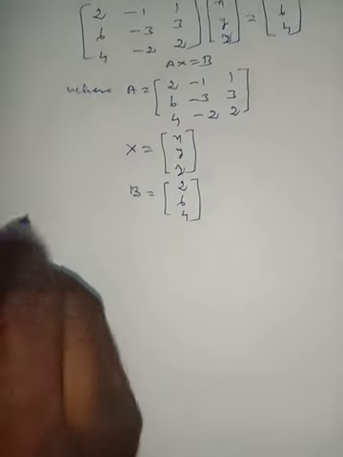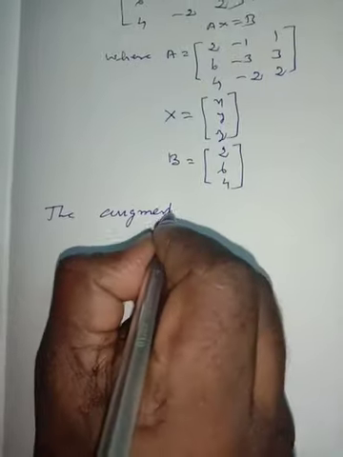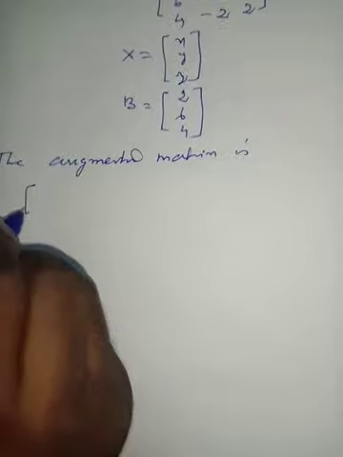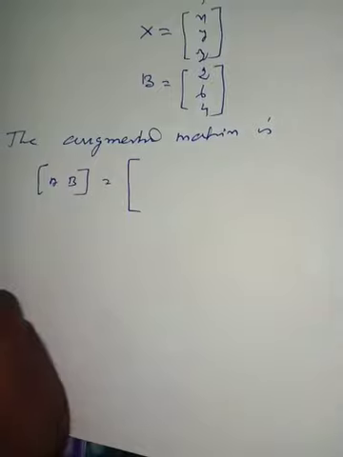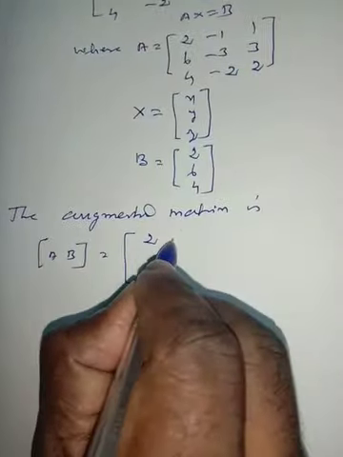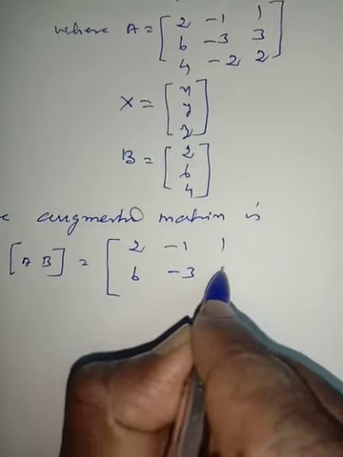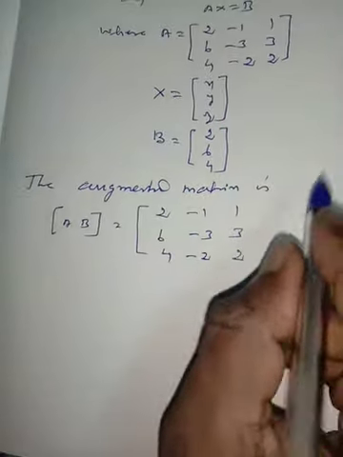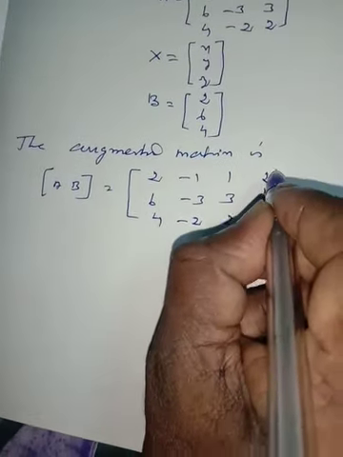The augmented matrix is AB, combined A and B: 2, minus 1, 1, 6, minus 3, 3, 4, minus 2, 2, and 2, 6, 4.